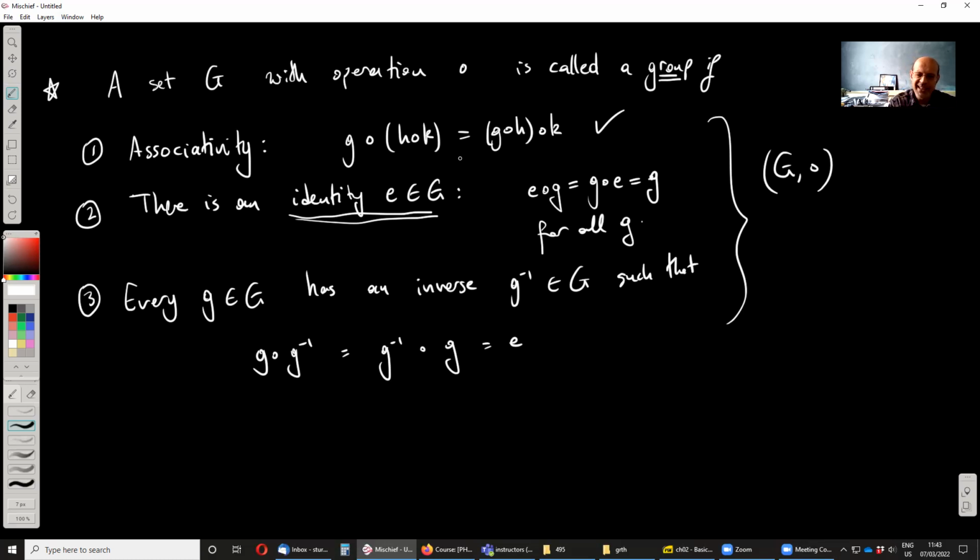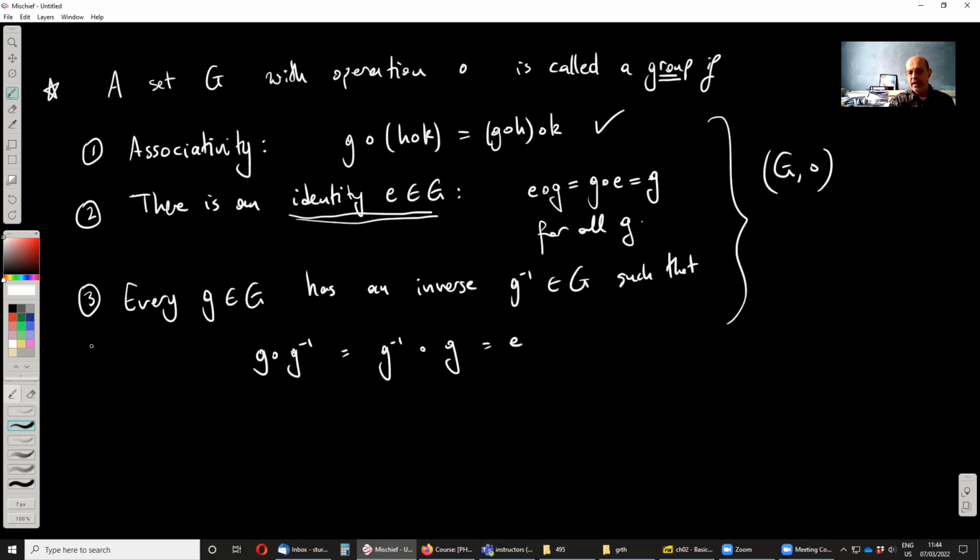So that's the operation that leaves everything invariant. This operation corresponds to the application of two symmetry transformations, one after the other. And in any case, for every symmetry transformation, the inverse transformation is also a symmetry of an object. So naturally, the symmetry transformations satisfy all of these axioms, okay?